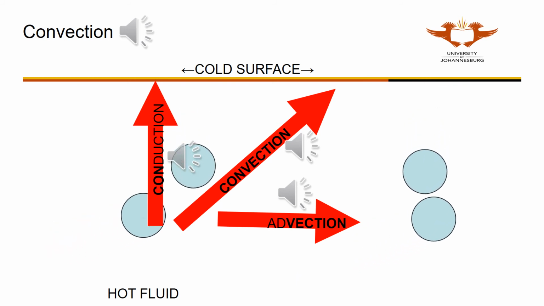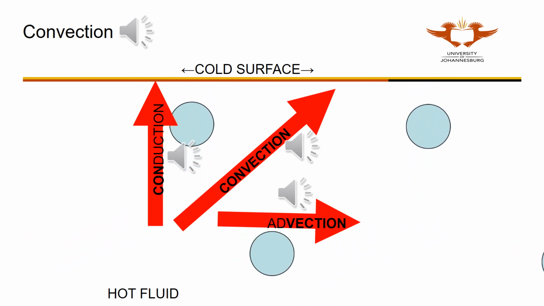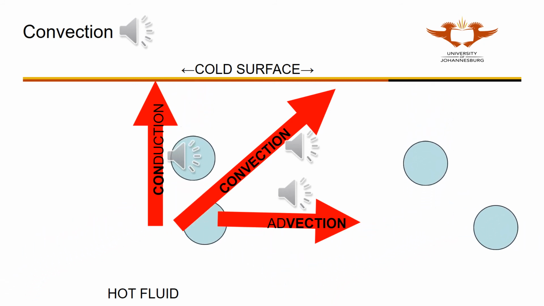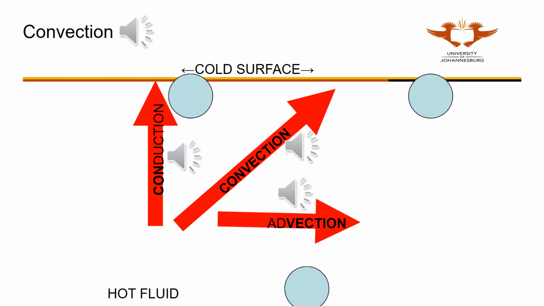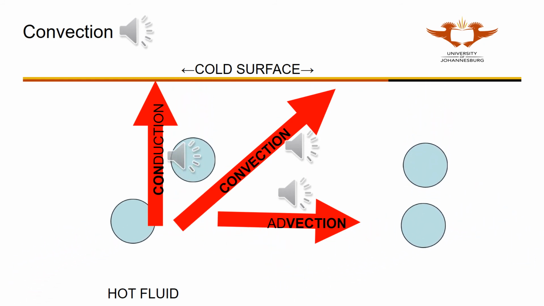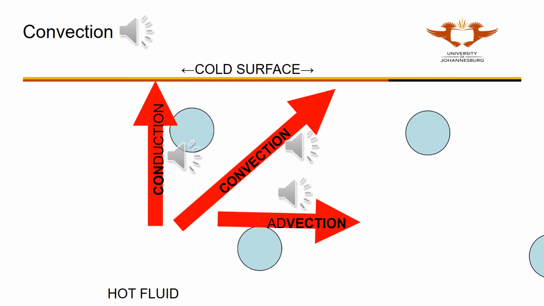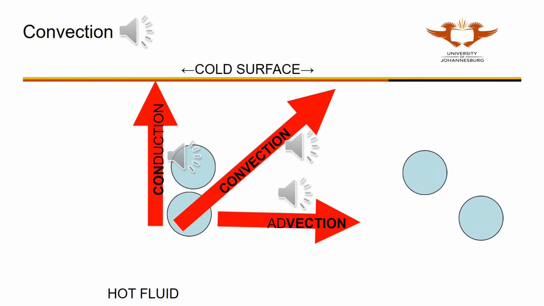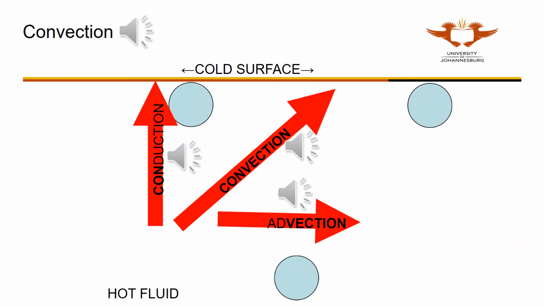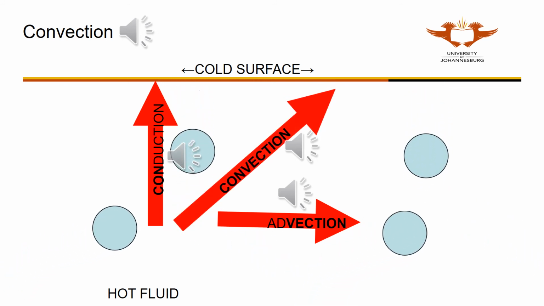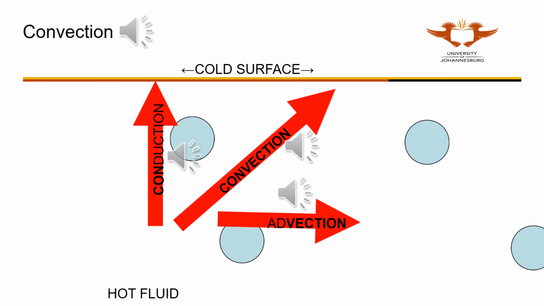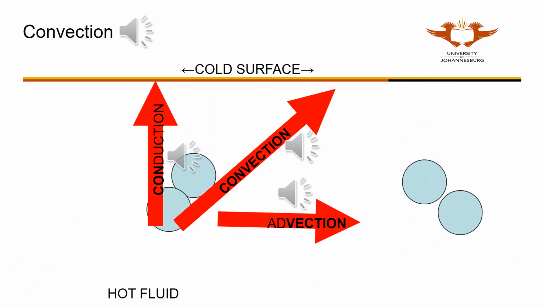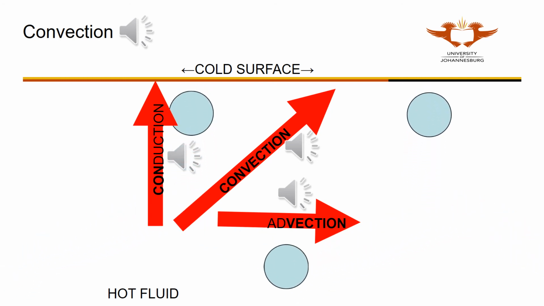The molecules from the left are hotter, as they are constantly replenished at a high temperature due to the movement, and hence this also represents a flow of heat in the form of advection. The con from conduction, and the vection from advection, form the word convection, which is the resultant heat transfer. Heat transfer is therefore enhanced due to the movement of the hot fluid.